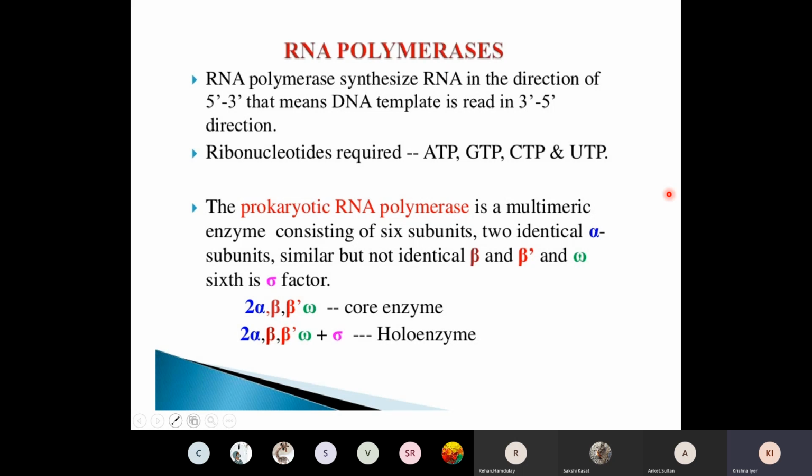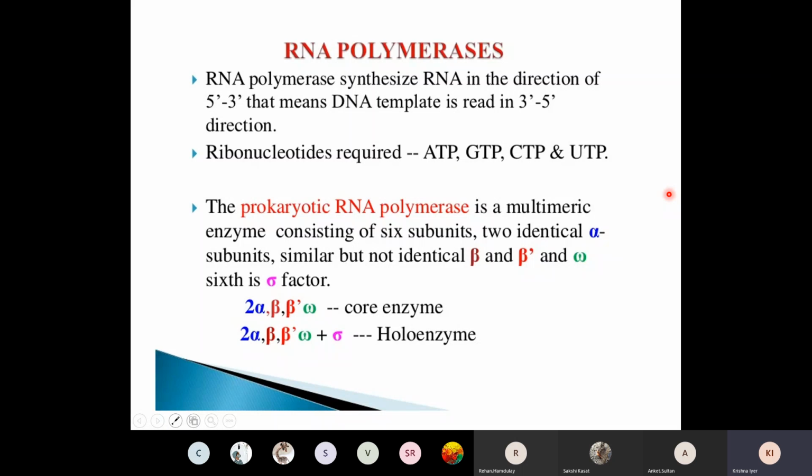And then we started looking at these enzymes which are called polymerases. More specifically, these polymerases are DNA-dependent RNA polymerases, which means they will read DNA as a template. The template is actually read in the 3' to 5' direction, and the RNA is actually made in the 5' to 3' direction.